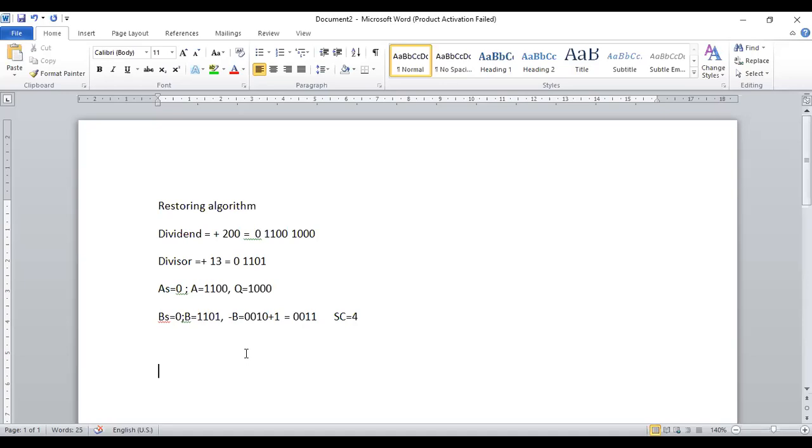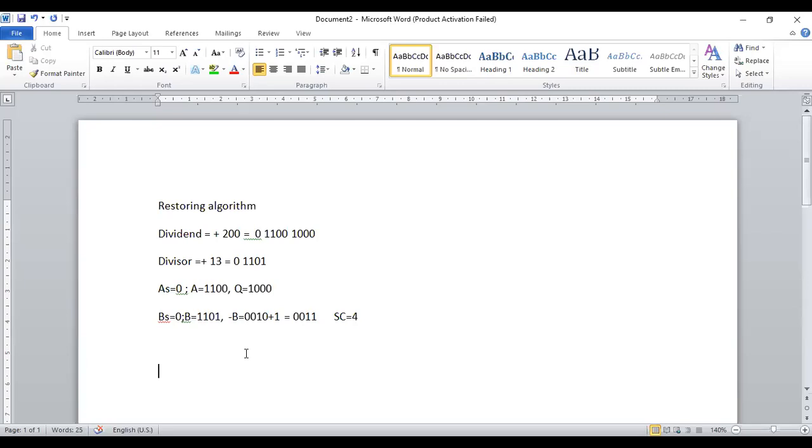But we have done the subtraction, so we will restore the dividend back by adding B, and then we'll shift left. If A greater than B, here itself the upper 4 bits of your dividend are greater than the divisor, we cannot perform the division. So we will make DVF, division overflow flag, as 1, and we will come out of the division.